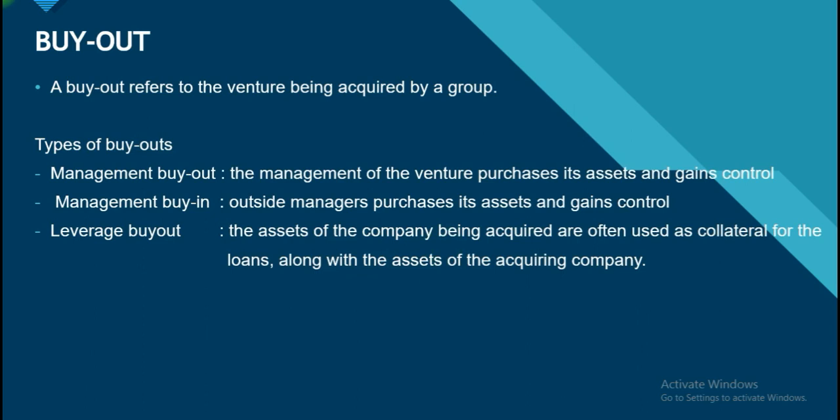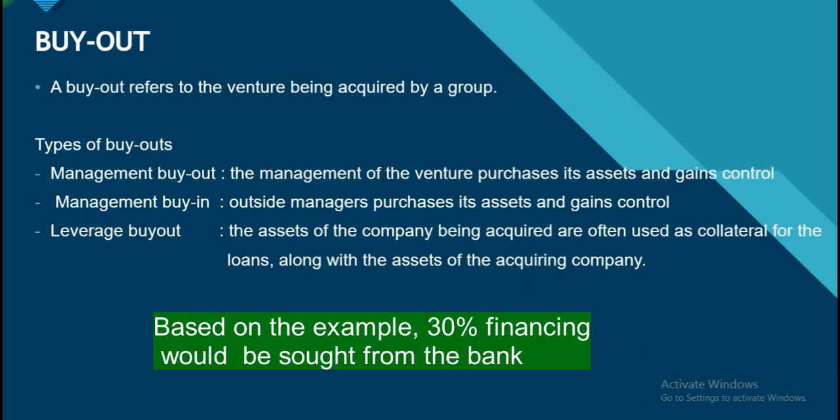That is an example. All right, so that is what they do. So in a leverage buyout, the entity or individual seeking to do the purchase actually uses the assets of the company they are purchasing to leverage the purchase transaction. Okay, so that concludes it there.